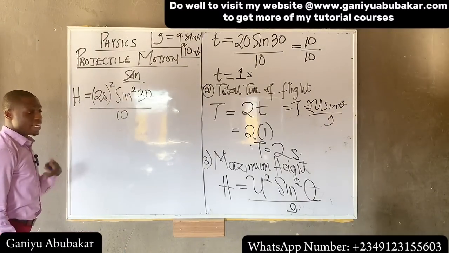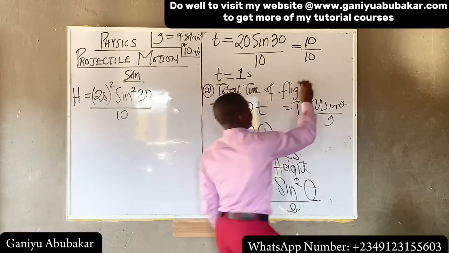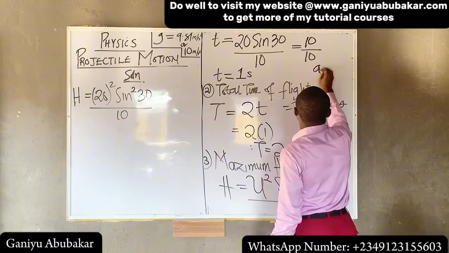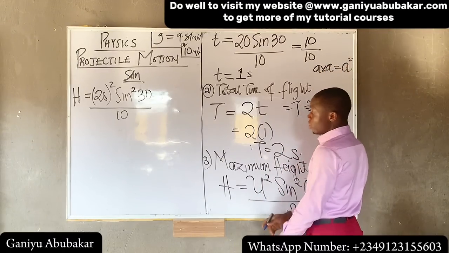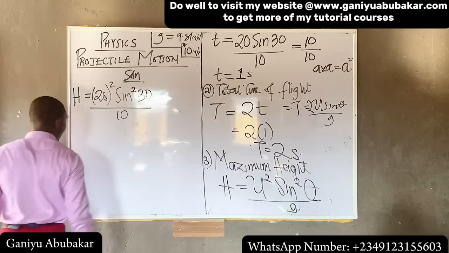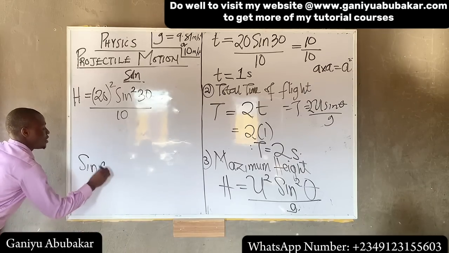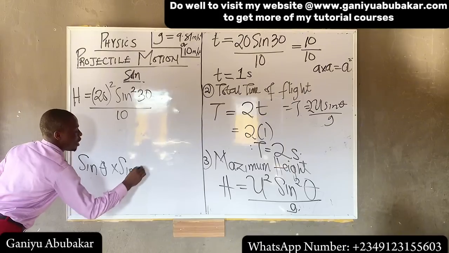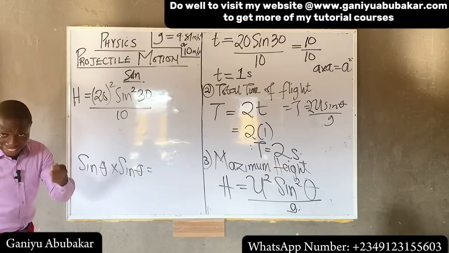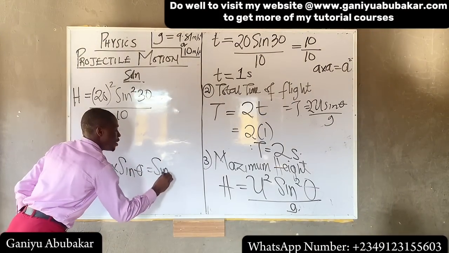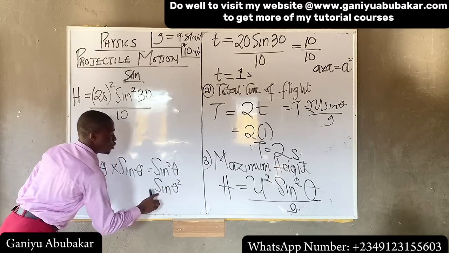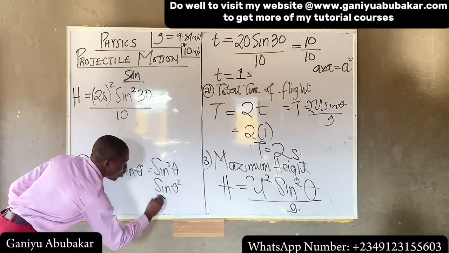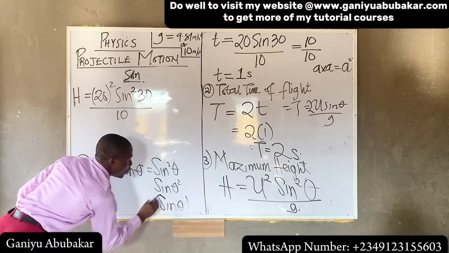Now listen, in math generally, if I have a times a, that is a squared. Similarly, if I have sine theta times sine theta, which is the answer? Is it sine squared theta, or sine theta square, or sine theta all square?